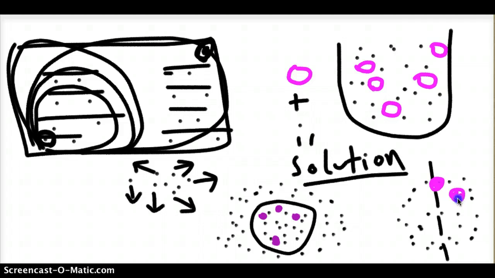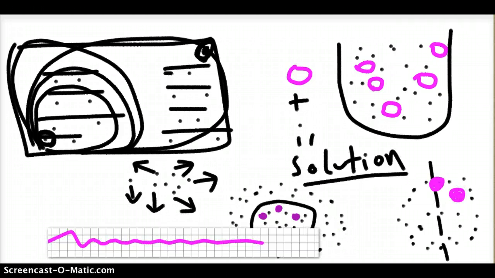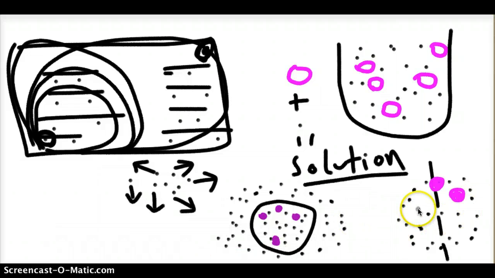Even though the sugar molecules cannot get out, the water molecules keep going in and going out, because they are so small, until it gets equal.